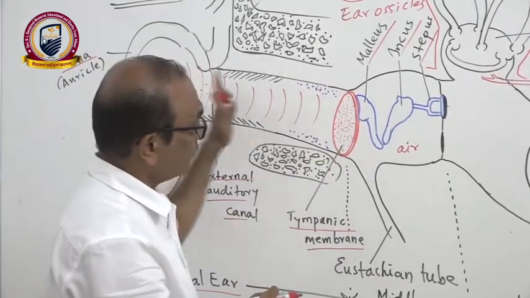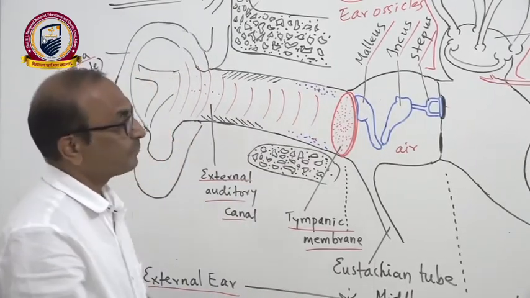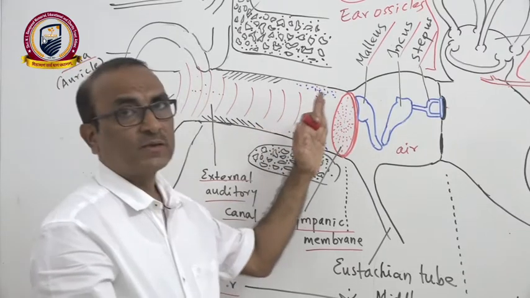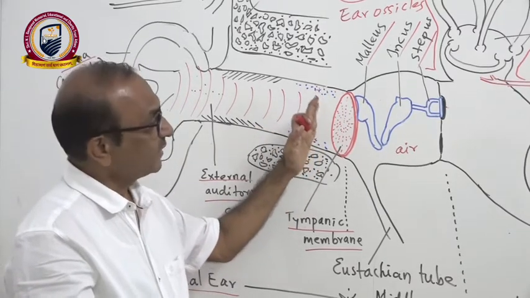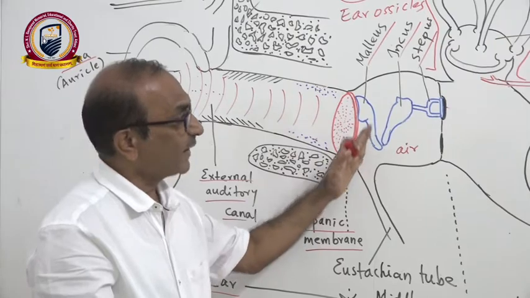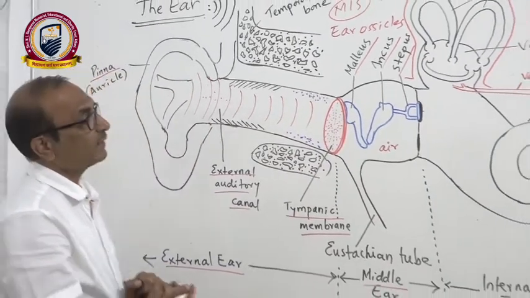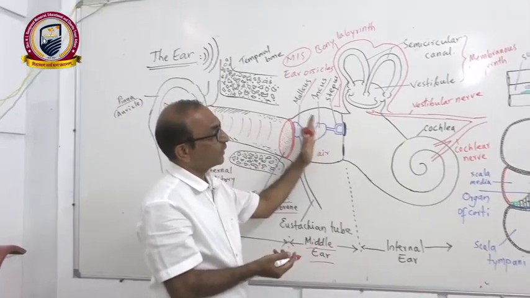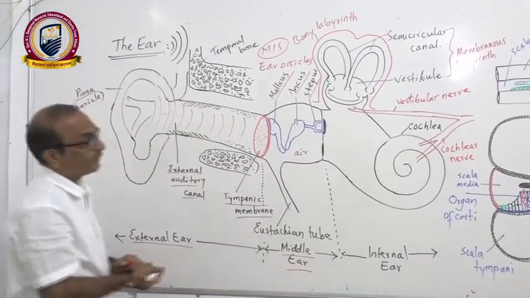When the sound waves hit, the tympanic membrane vibrates at the same frequency as the sound waves, and these vibrations are further amplified by these three bones and transmitted to the internal ear.